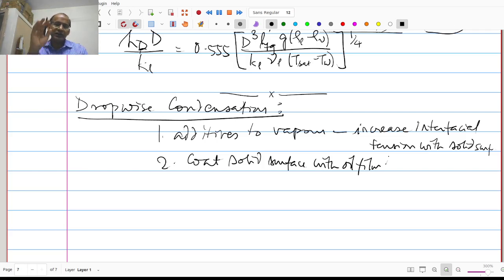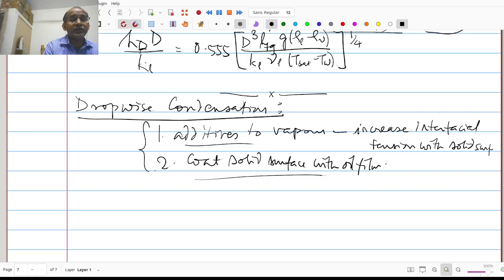So once the additives are worn away, or the oil film is worn away, then the liquid film starts wetting the surface, and the dropwise condensation gives way to film condensation, and therefore the overall heat transfer coefficient again comes down. So these are two methods which are possible but not very successful in terms of practical applications, as has been seen by experience.